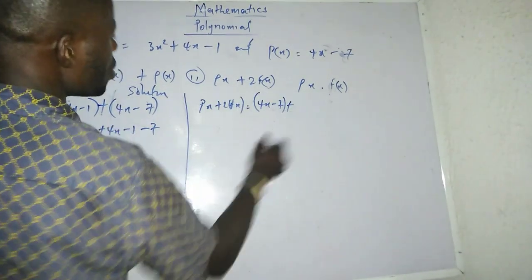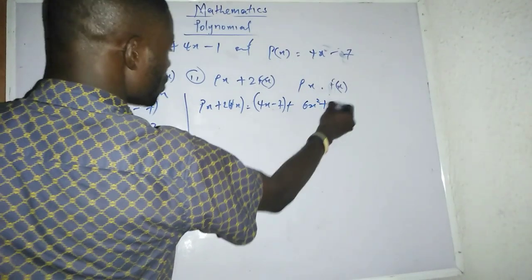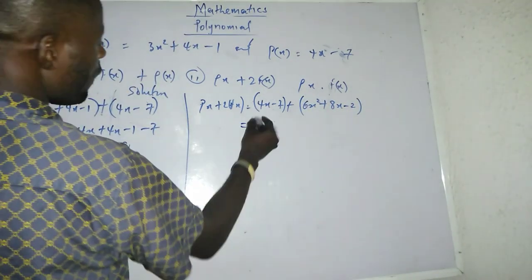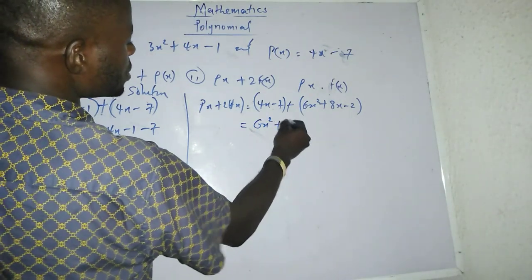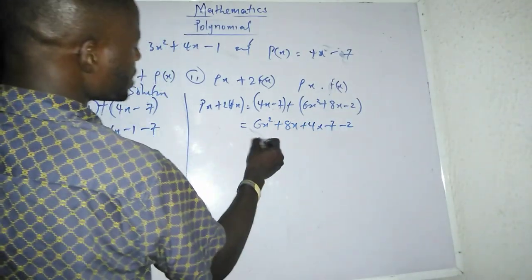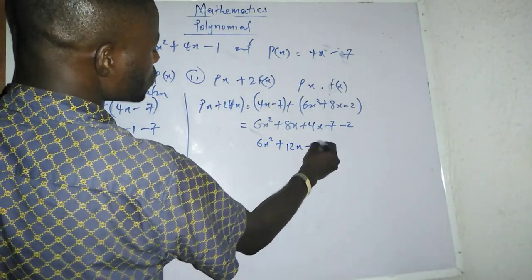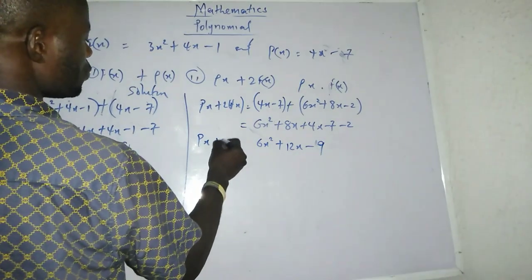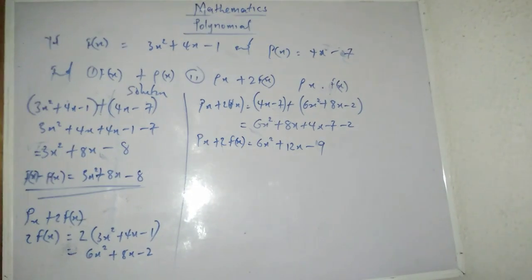Plus 2f of x, which is 6x squared plus 8x minus 2, which I can answer: I have 6x squared plus 8x plus 4x minus 7 minus 2, which is 6x squared plus 12x minus 9. That is my p of x plus 2f of x. That's my final answer.